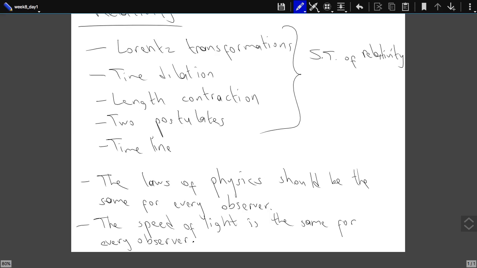All the rest can be derived from these two postulates. Well, let me just make one correction. If you remove that inertial, it becomes the general theory of relativity.